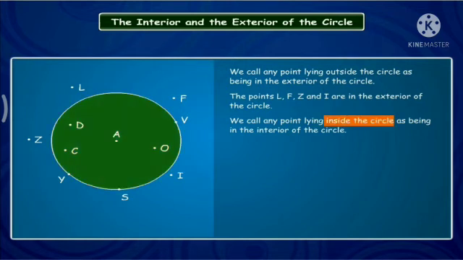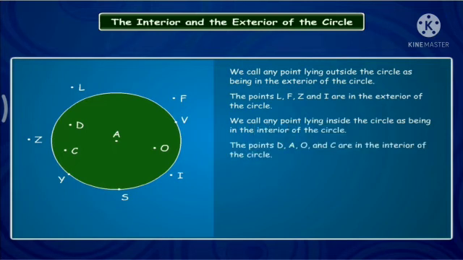So now this colored part, the green color part is known as your interior of the circle. Clear? Now let's see further what are the points in the interior of your circle, that is point D, A, O and point C are in the interior of your circle. Clear students, what are the interior parts of your circle?